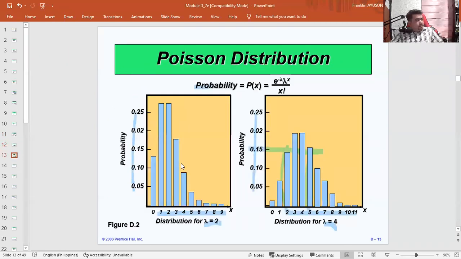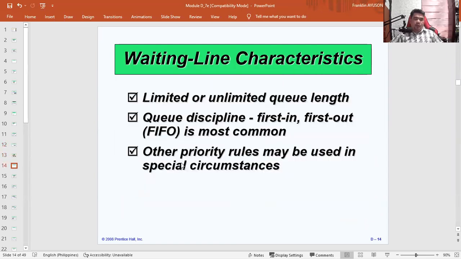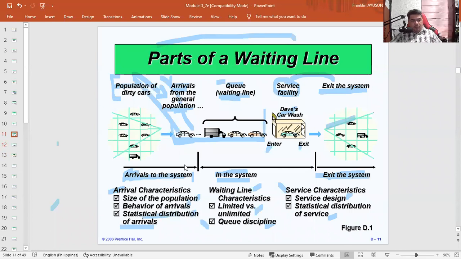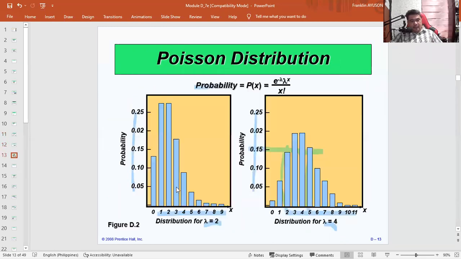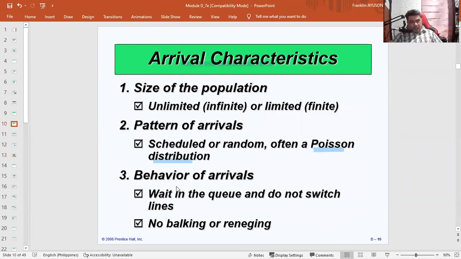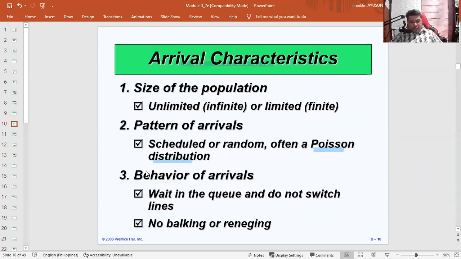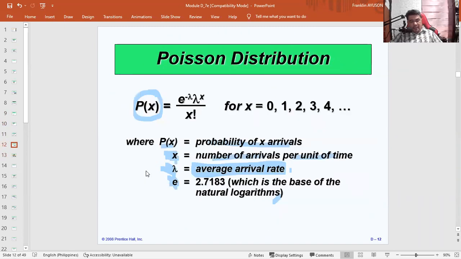Now, moving forward, this time let's talk about the waiting line characteristic. Again, just to refresh us on what we're discussing: earlier we covered the arrival characteristic, and now we move to the waiting line characteristic.